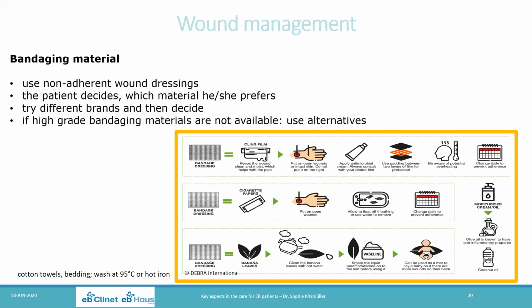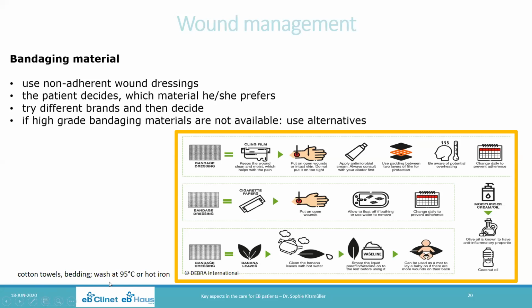Again, make sure that all those materials are clean if you use them, but you can apply ointments or creams to all of them directly and then cover the wounds with it, and have then also a covering or fixation with cotton towels or bedding.